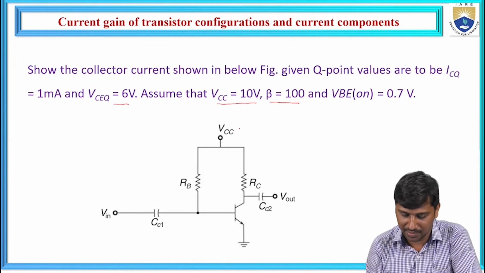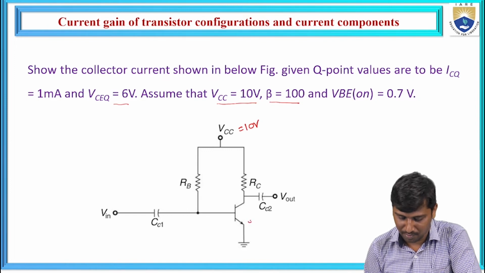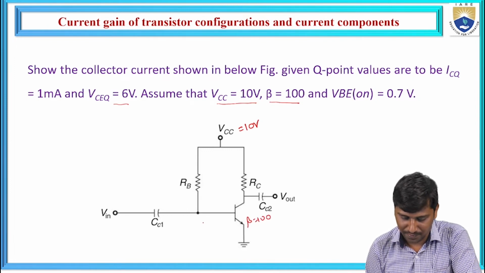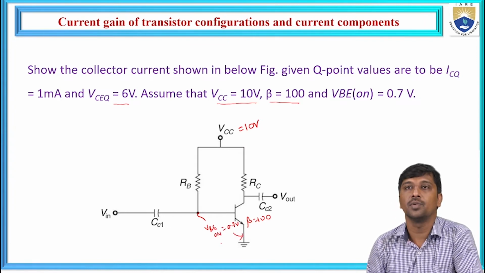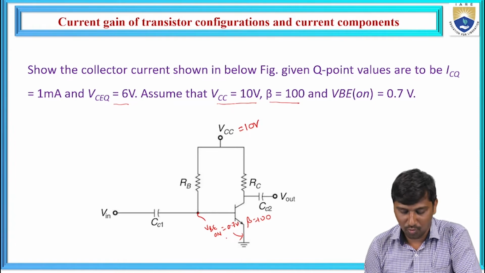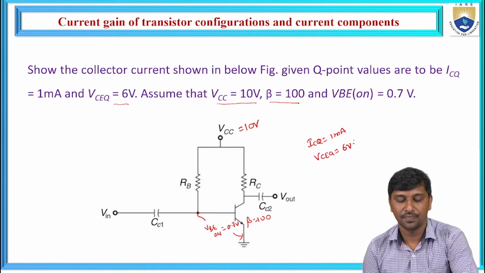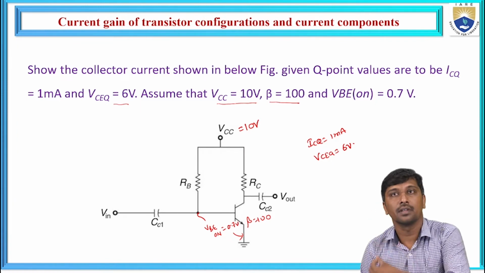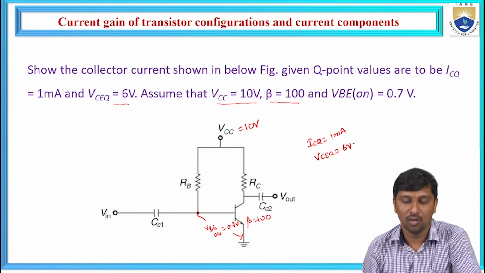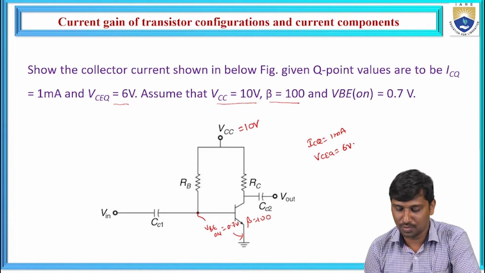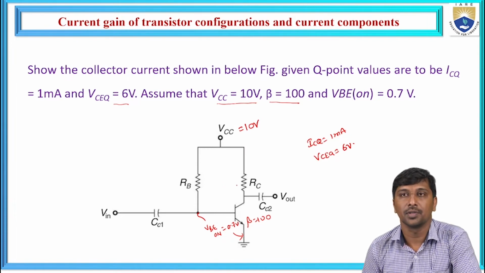Here VCC is 10 volts, beta is defined as 100, and VBE on is 0.7 volts. Then the Q point values are defined as ICQ is 1 milliampere and VCEQ is 6 volts. Now we need to find out how much collector current flows through this given circuit.